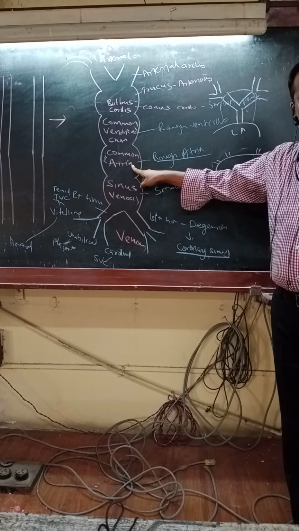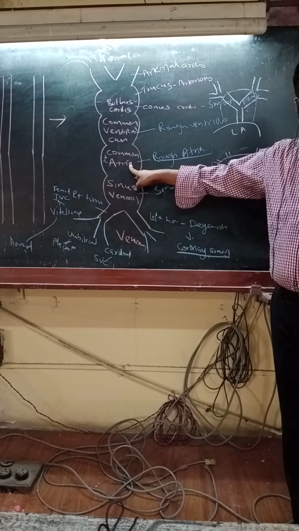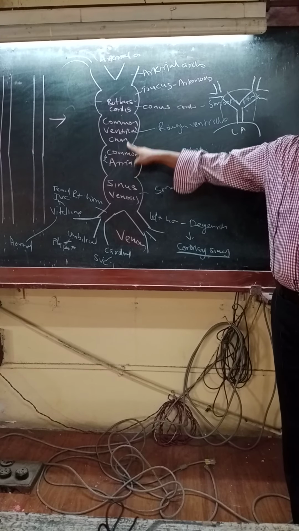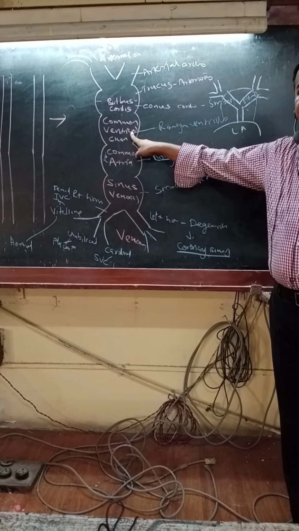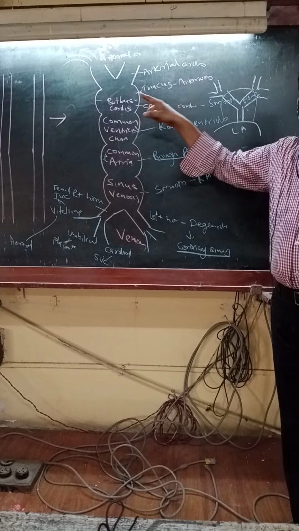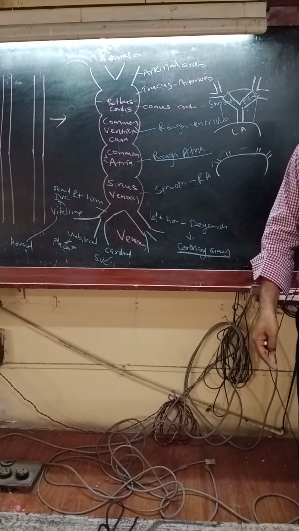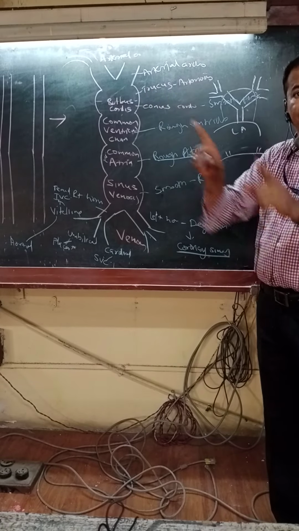Rough part of the atria is formed by the primitive atrial chamber. Rough part of the ventricles is formed by the primitive ventricular chamber. Smooth part of the ventricles is formed by bulbus cordis.